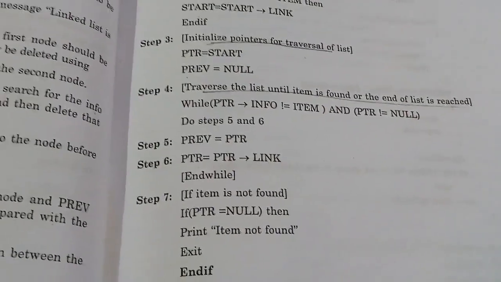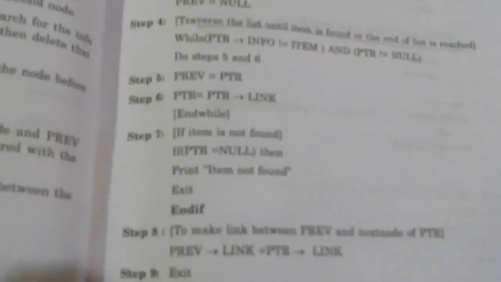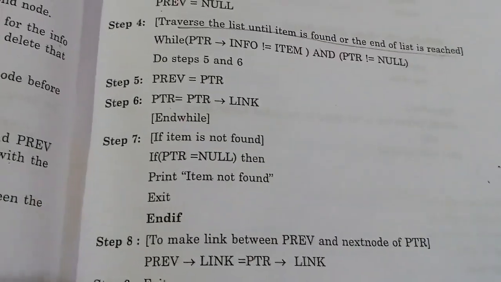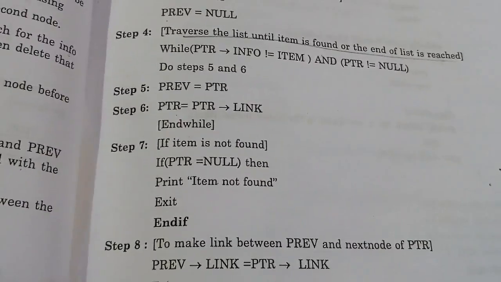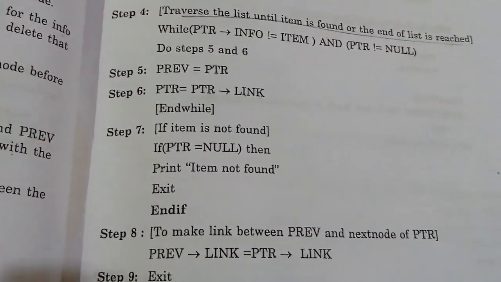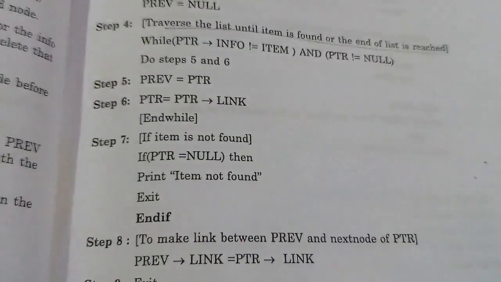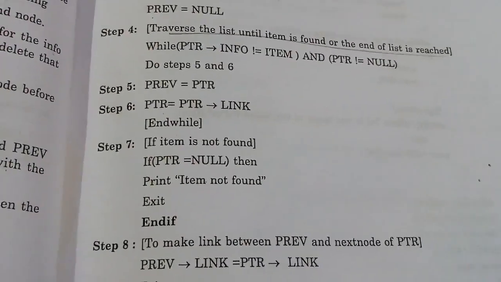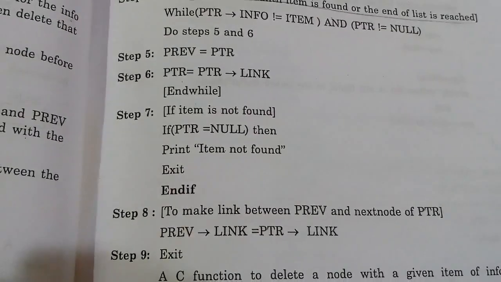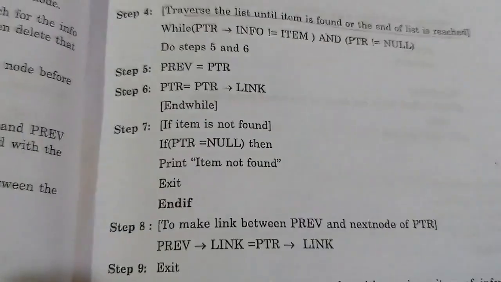Next step, if the item is not found. Next step is, once you delete that particular node from the linked list, you have to create a link between previous and the next node of ptr. Step 9 is exit.